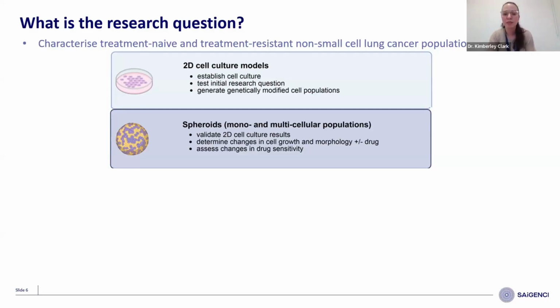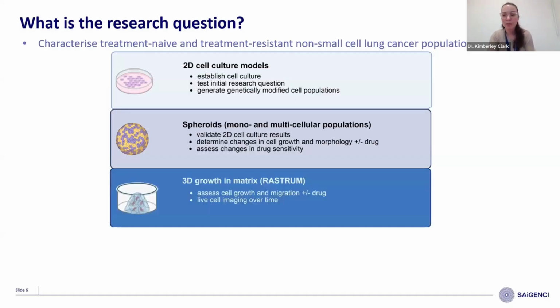And we've utilised this as a model to determine changes in cell growth and drug response, and we noticed that drug sensitivity from 2D to spheroids drastically changes. And we've expanded upon the spheroid setting into growing cells in 3D matrices to generate individual spheroids.